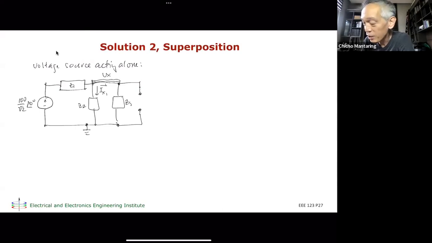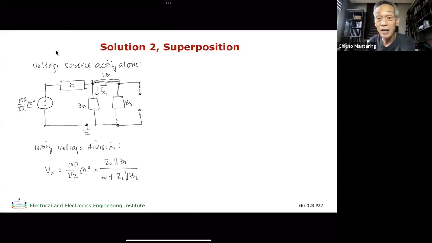What is V of x? Using voltage division, V of x is equal to 100 over the square root of 2 at an angle 0 degrees, times J2 in parallel with J3 over J1 plus J2 in parallel with J3.